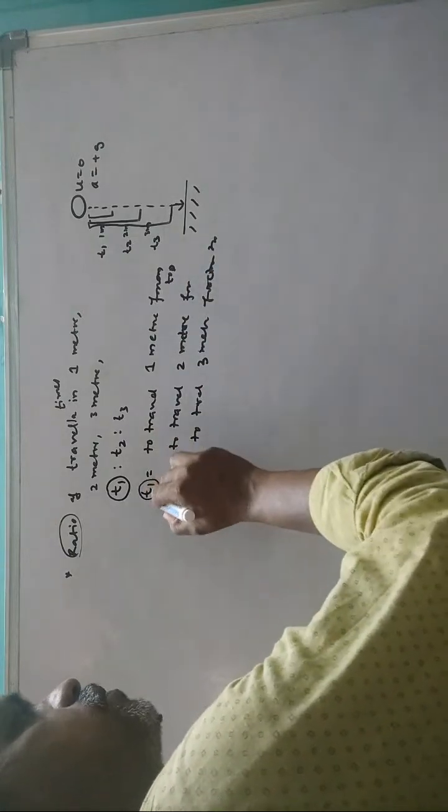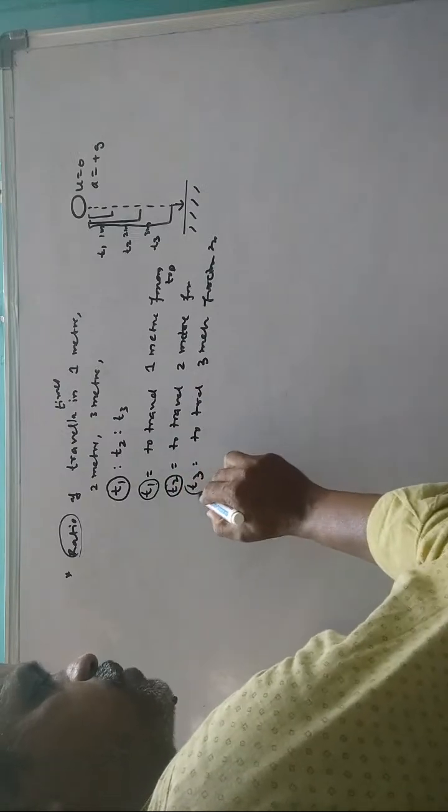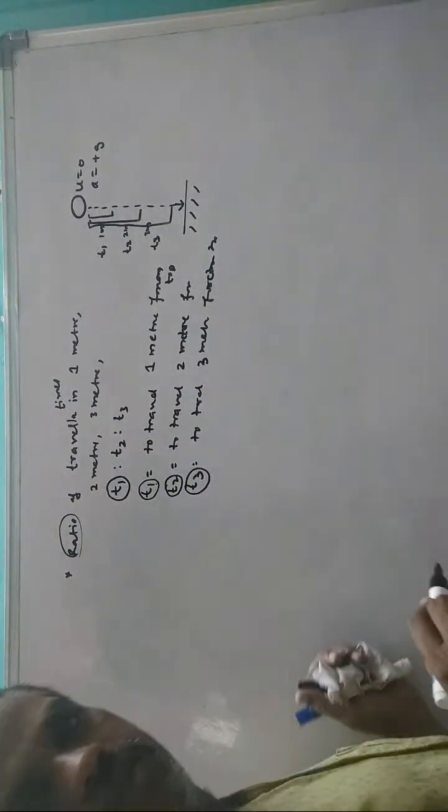That means the time taken for 1 meter, the time taken to travel 2 meters, the time taken to travel 3 meters.